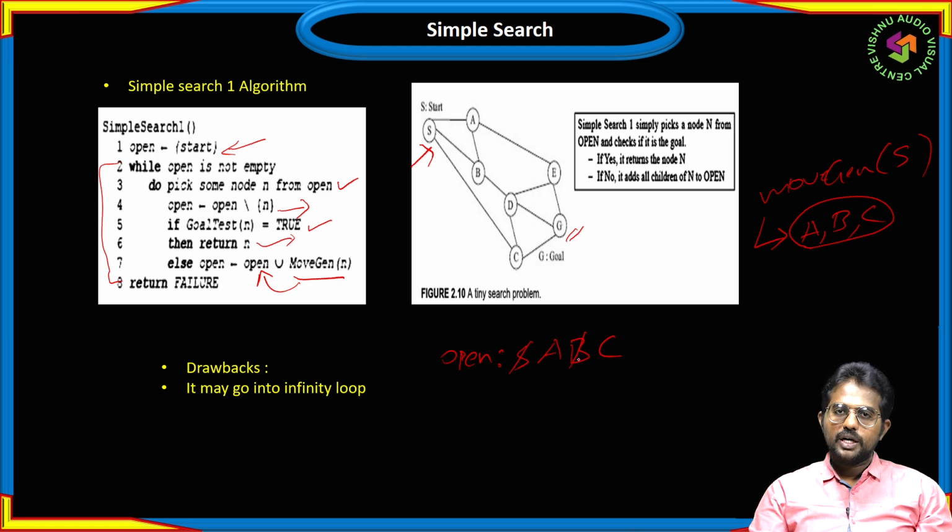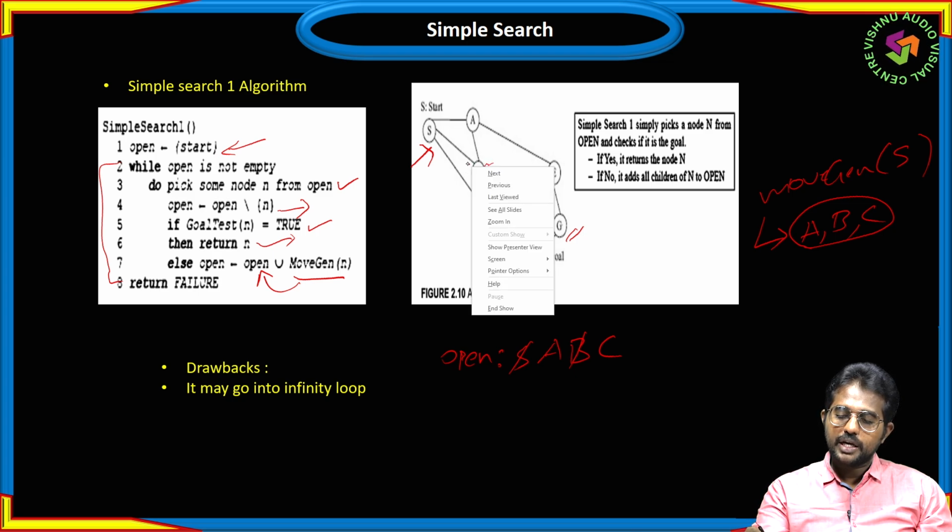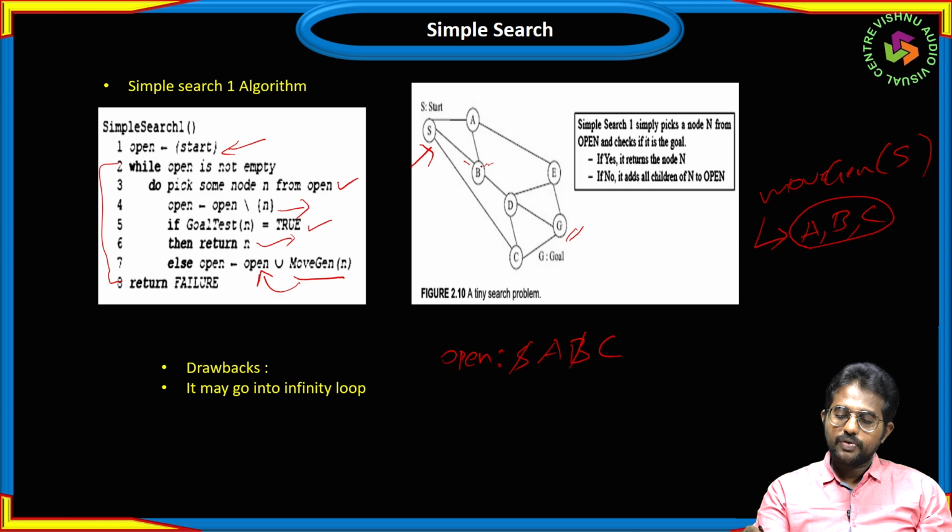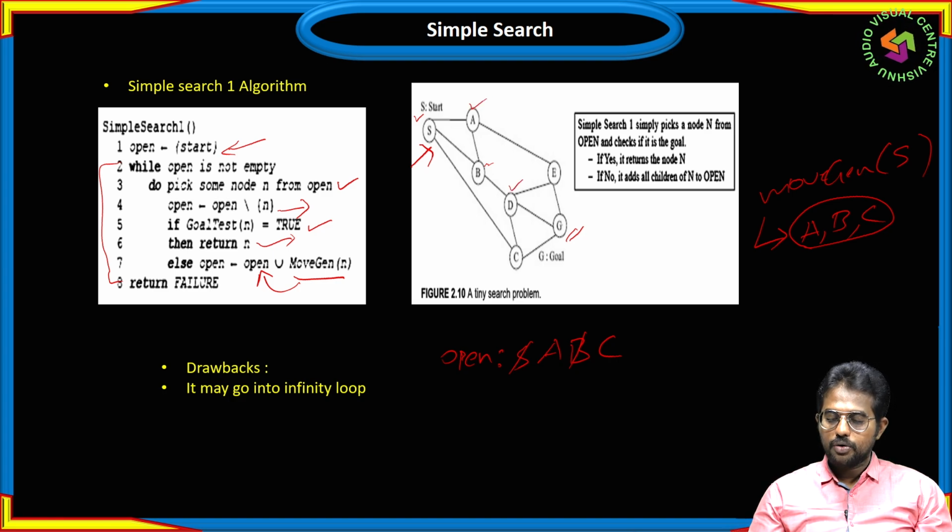Next, the goal test condition will be applied on B. Goal test of B is false because B is not a goal node. So we will directly go to the else part. In the else part we apply moveGen on B. The output will be: the adjacent vertices for B are S, A and D. These three nodes will be added again to the open.